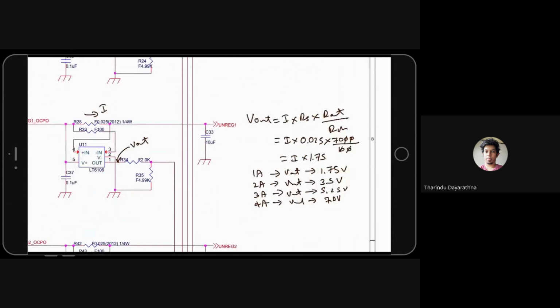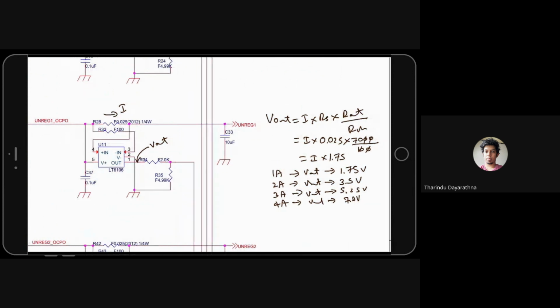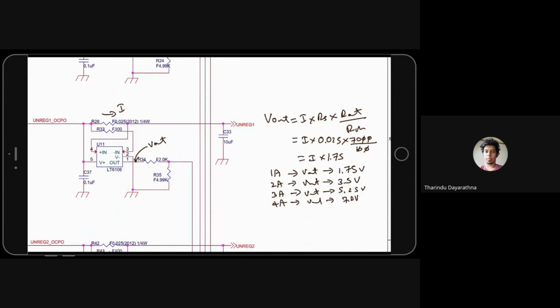You can see, let's say 7 volt appears here. Less than 7 volt will go to the measuring circuit. But this chip cannot make 7 volt because the chip is powered using a maximum of 4 volt.